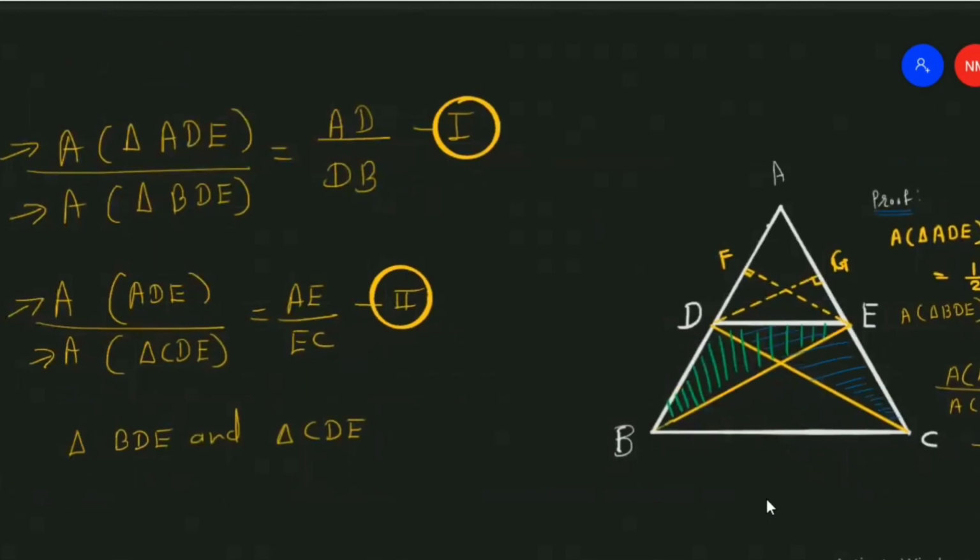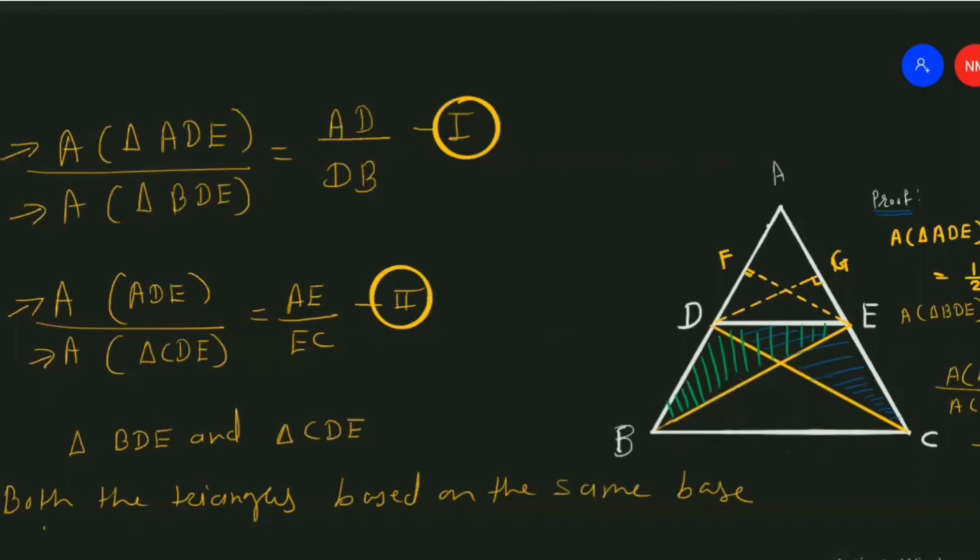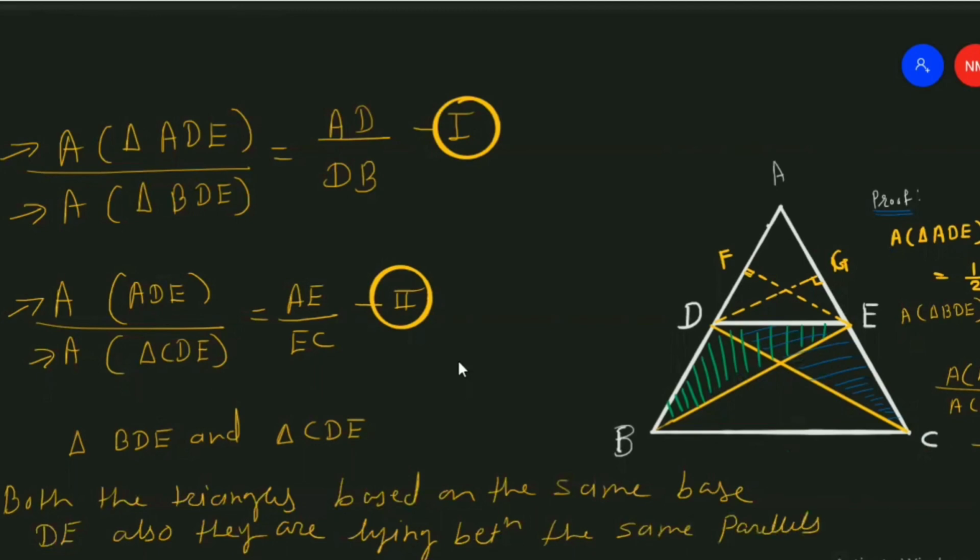So I'm writing the property here: since both the triangles are based on the same base DE, and they are lying between the same parallels, we can say their areas will be equal.